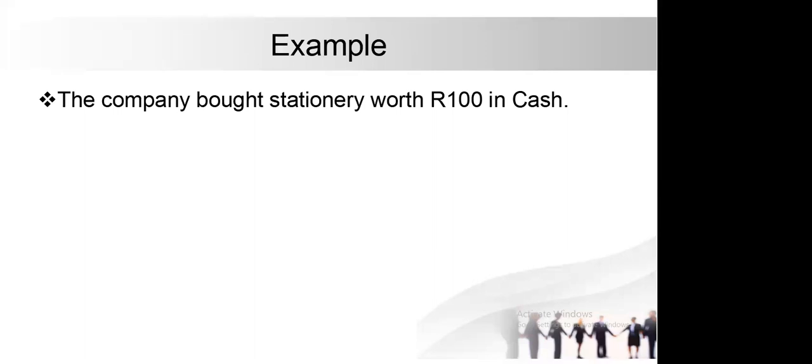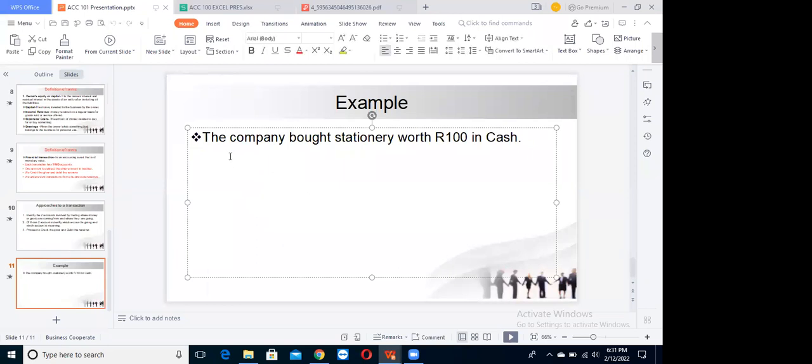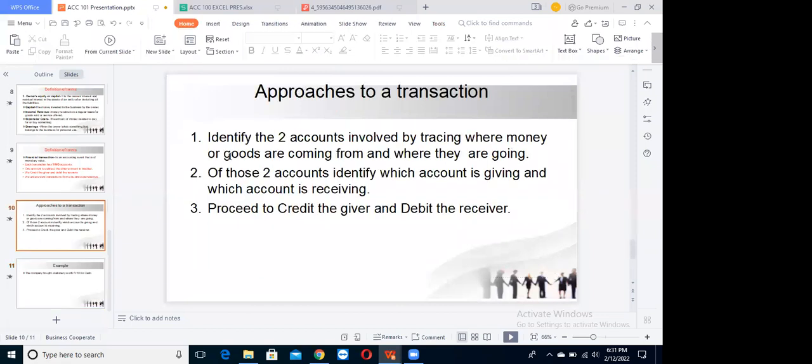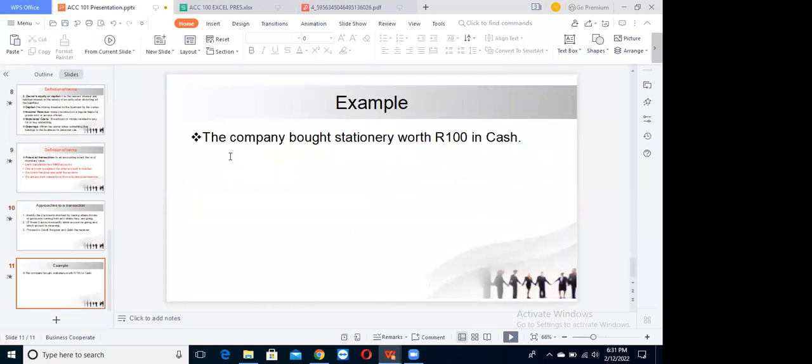So this is an example of a transaction. We want to apply the above mentioned steps in dealing with this transaction. Number one, we said identify the two accounts. So we first read the transaction and it reads, the company bought stationery worth 100 Rand in cash.